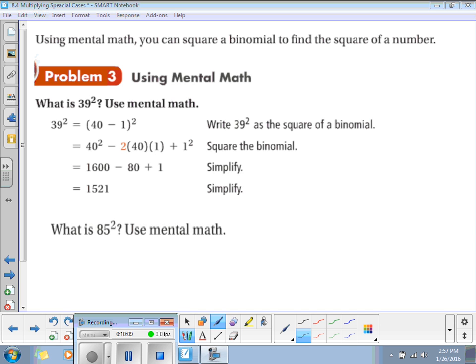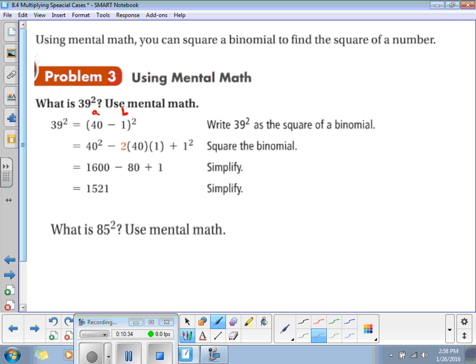So here, A minus B quantity squared. Does everybody see that? So this is A, and that's B. So there's A squared, 40 squared, minus 2 times A times B, plus B squared. And now we can do that in our head, right?